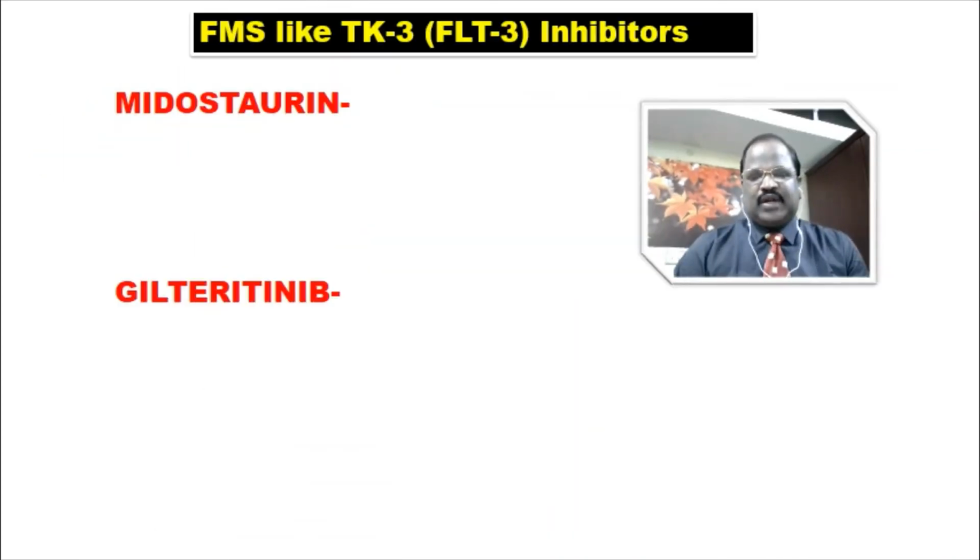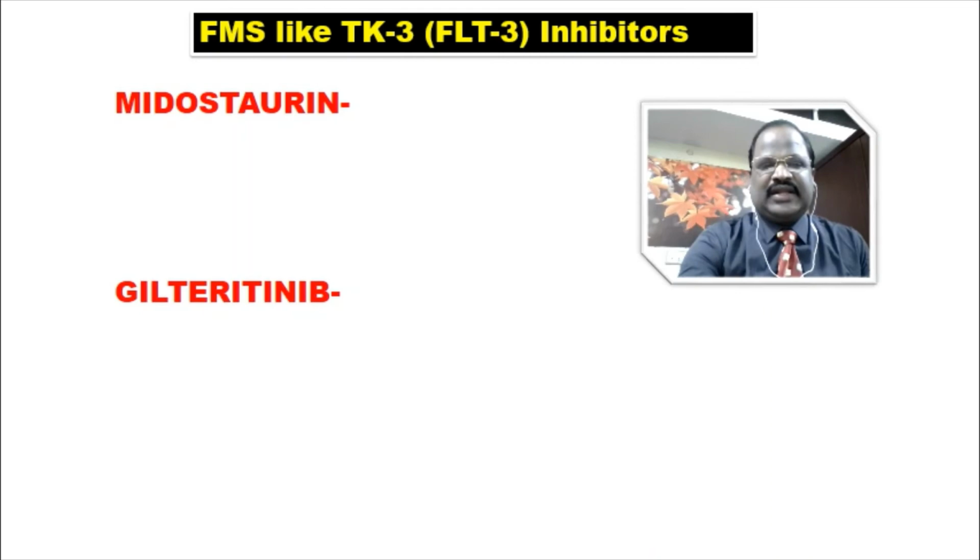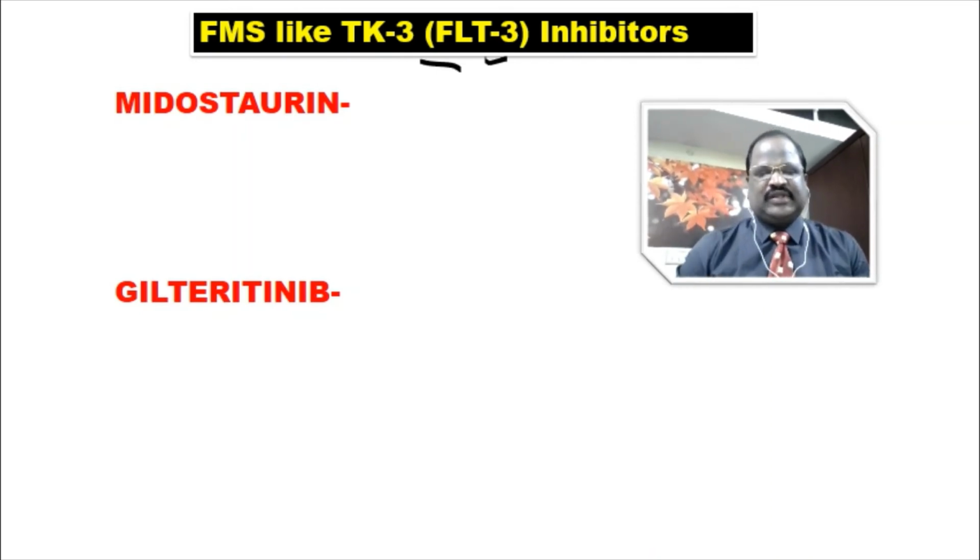Another important small molecule inhibitor category, FMS like tyrosine kinase 3 inhibitor, they call FLT3. FLT, that is FMS like tyrosine kinase 3 inhibitor. Drug names are midostaurin, one more drug, gilteritinib.